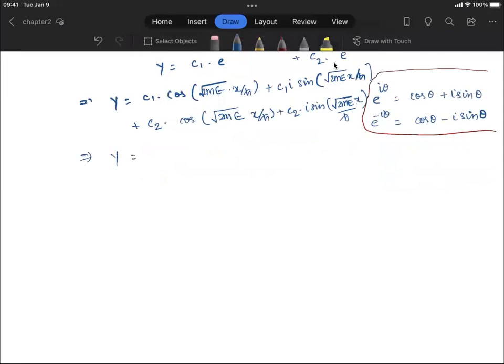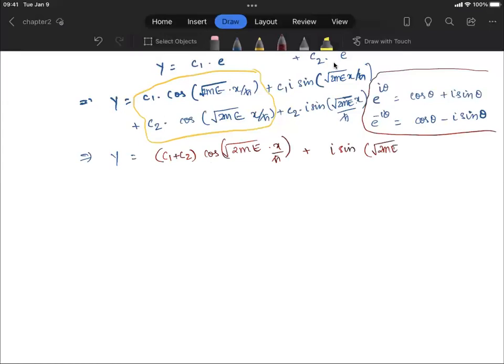Now I can club the cosine parts together, right? If I did that, I would have something like C1 plus C2 times cosine. And similarly, I can combine the sine part. Okay, so I made a mistake here.